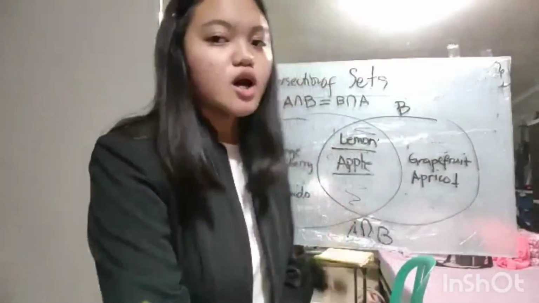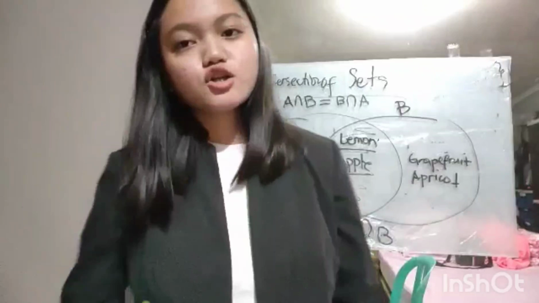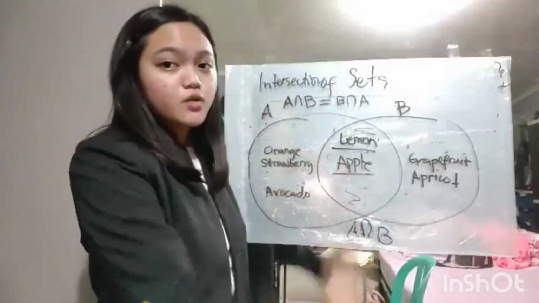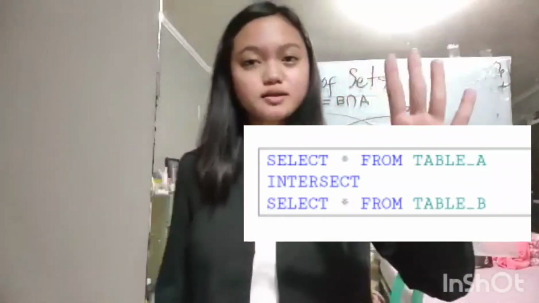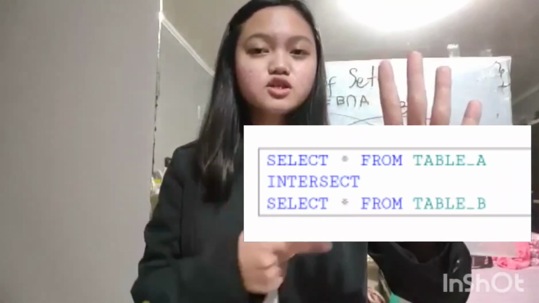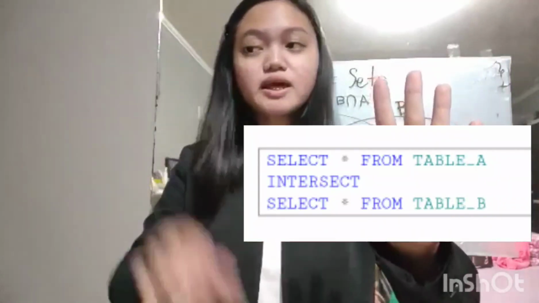In SQL Server, the intersect operator implements the intersection logic of the set theory. Now we will find the intersection of table A and table B with the help of this query, and the result will be this.